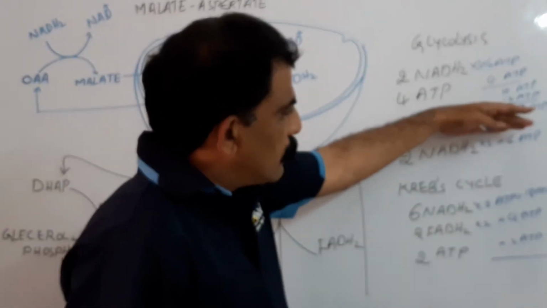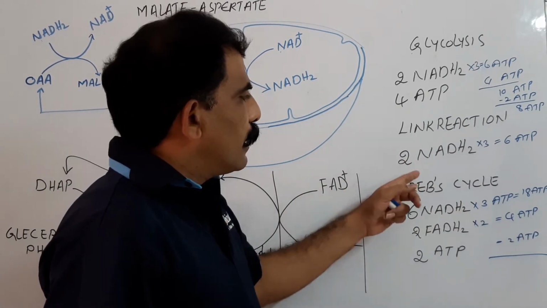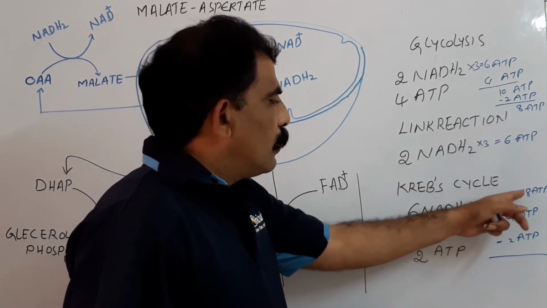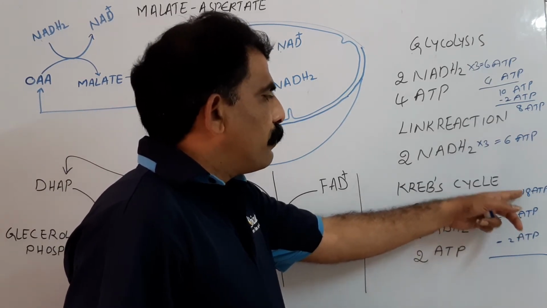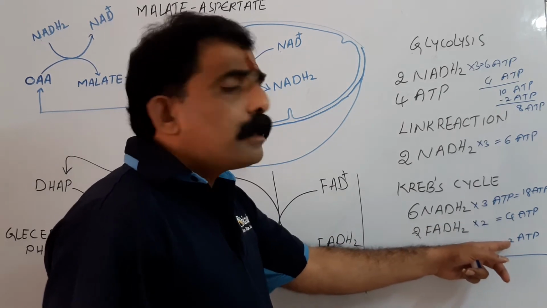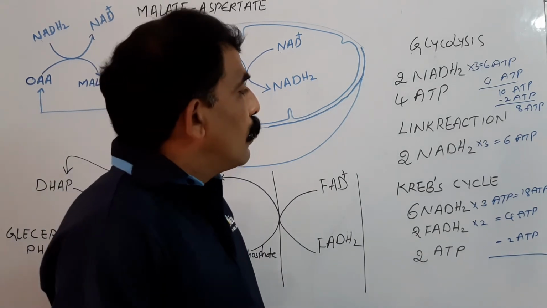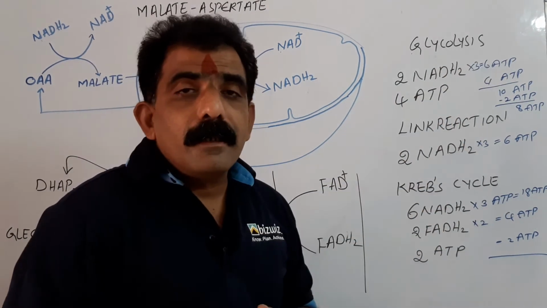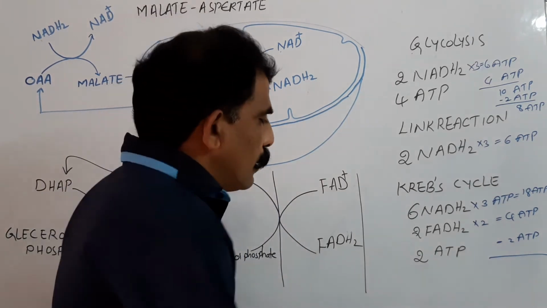You calculate the connecting link and Krebs cycle: 6 ATPs from the connecting link reaction, and here 18. 6 plus 18, 24, plus 4 from FADH2, 28, plus 2 through substrate level phosphorylation, 30 are resulted. In glycolysis, 8 net gain, 30 plus 8, 38.